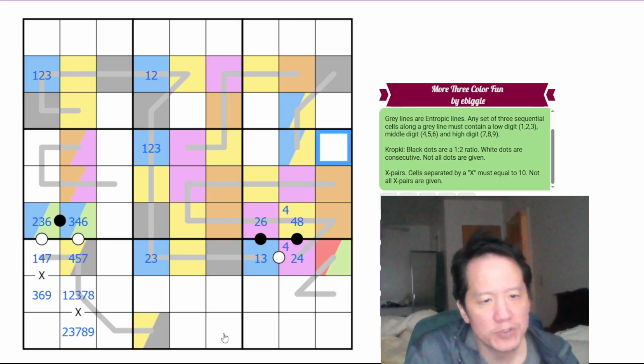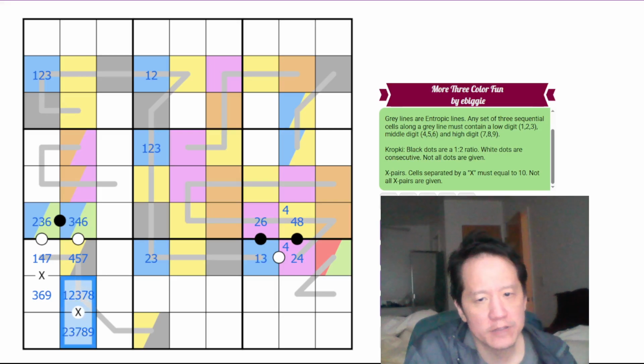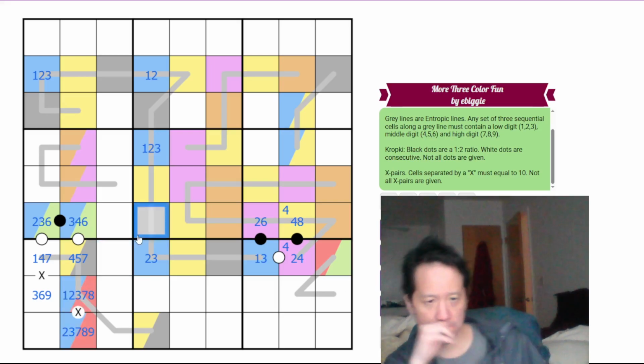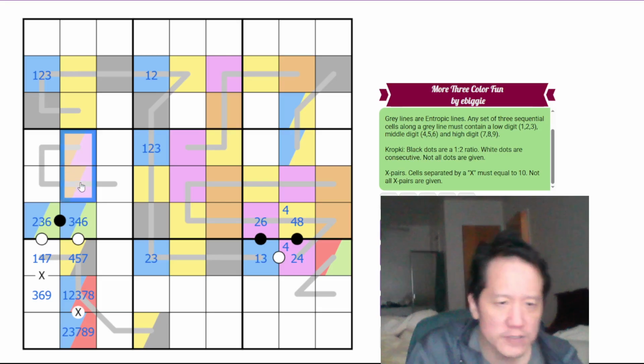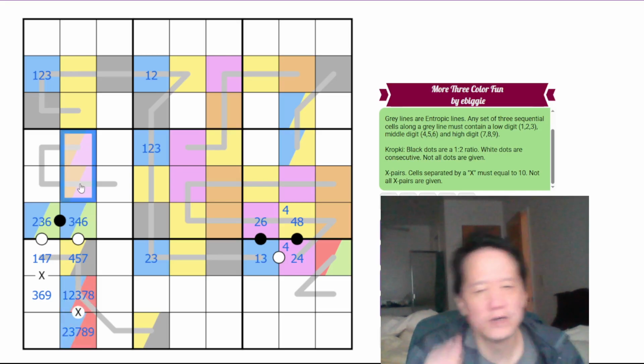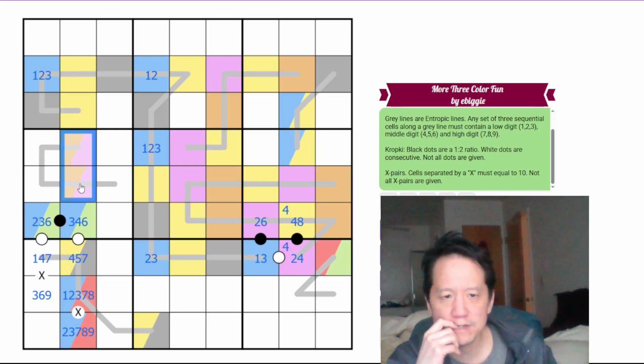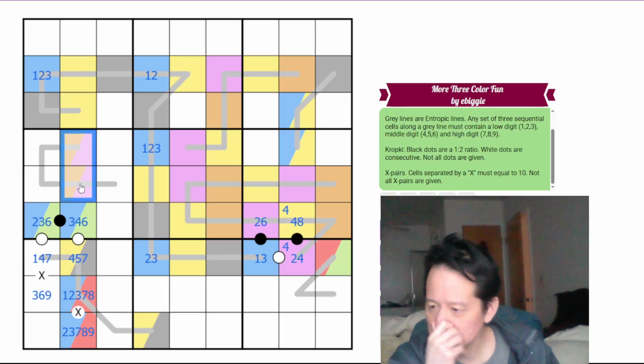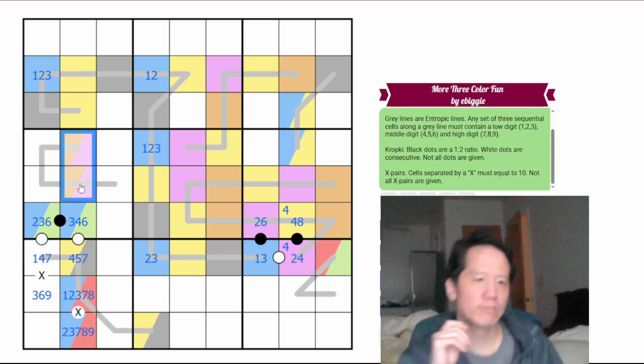This, though, always has to be low and high. That's actually very interesting. Oh, since these are the same set, this always has to be low and high. This also has to be low or high, whichever one it is. That's interesting.